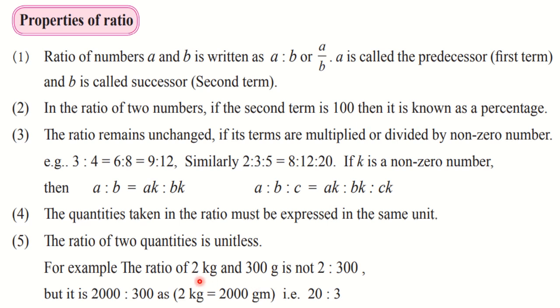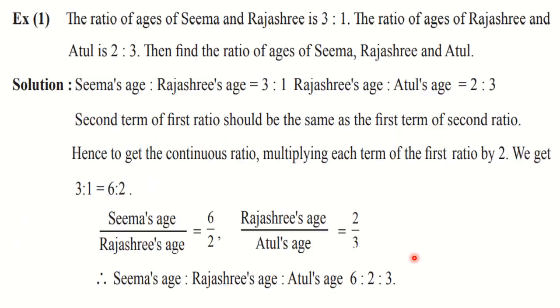Like 2 kg you can write as 2000 grams and 300 grams, and then you can find the ratio. So it is important that the quantities should be in the same unit. And the ratio is always unitless. Ratio does not have any unit. These are the properties of ratios which we have seen.